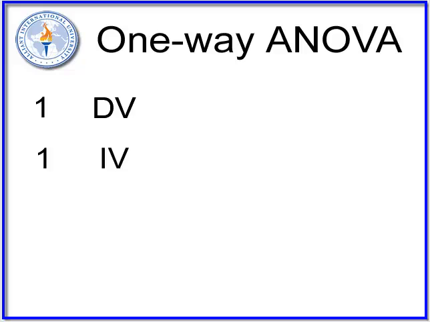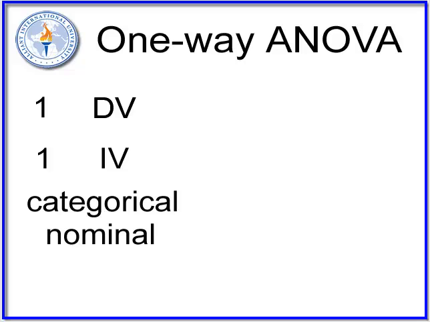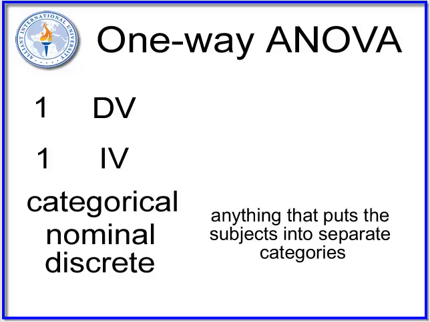And it has one IV, which has to be a categorical IV, or nominal, discrete. It goes by many, many names, but it's any kind of variable that puts the subjects into separate categories. So your IV has to be a category type variable. Your DV has to be a regular scaled variable, okay?